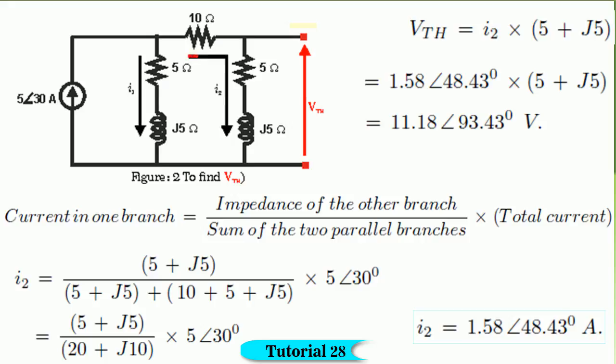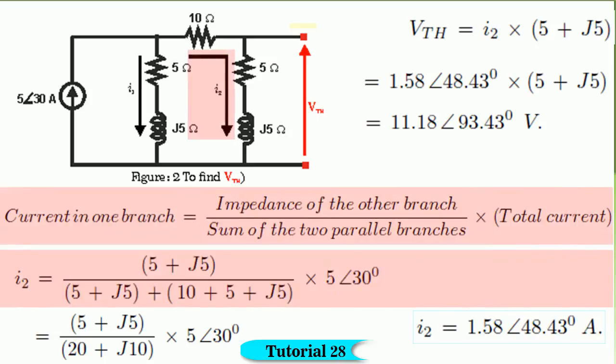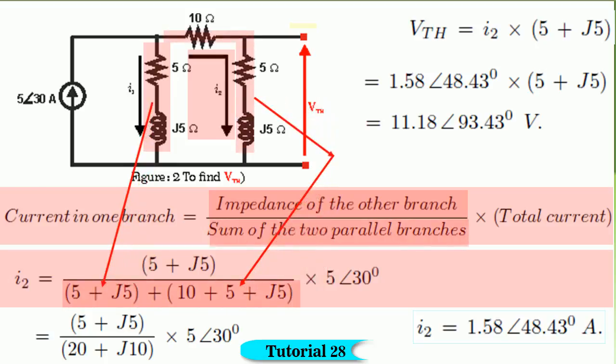So, we can apply the parallel branch theorem or the current division theorem to find I2. Hence, I2 is equal to impedance of the other branch divided by sum of the two parallel branch impedances into the total current.